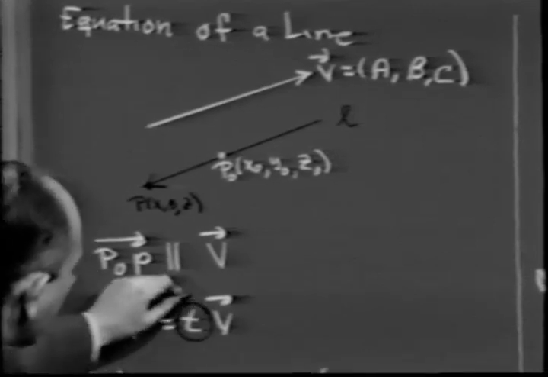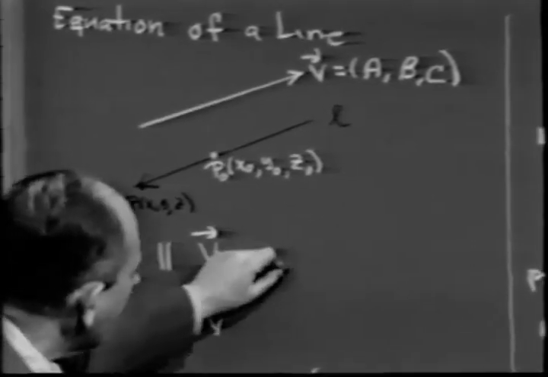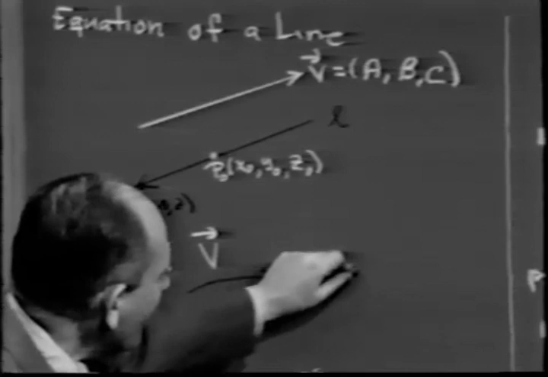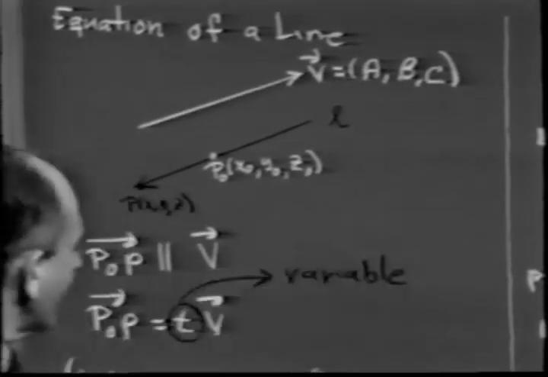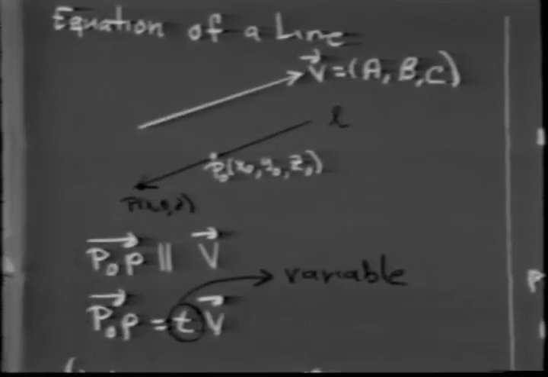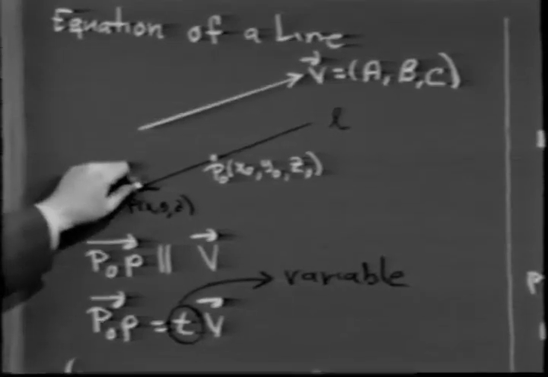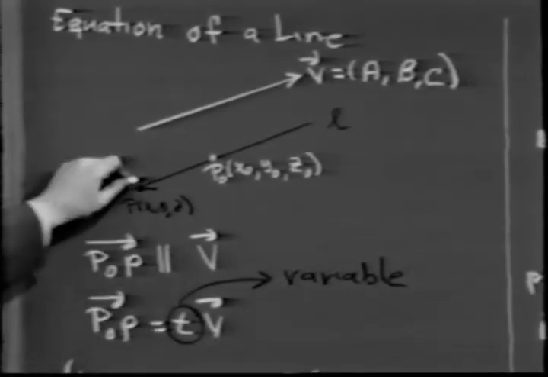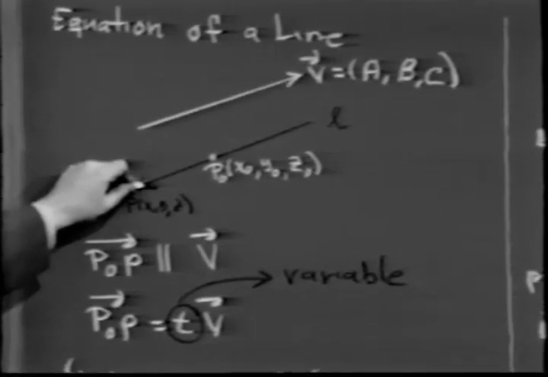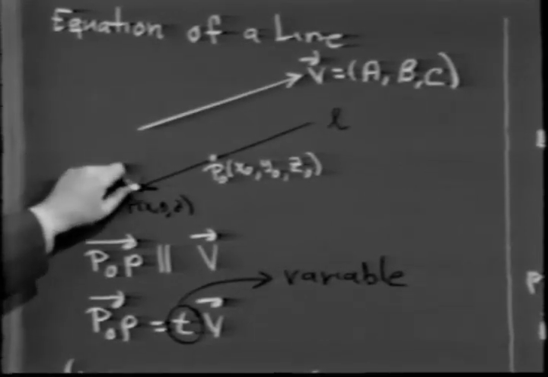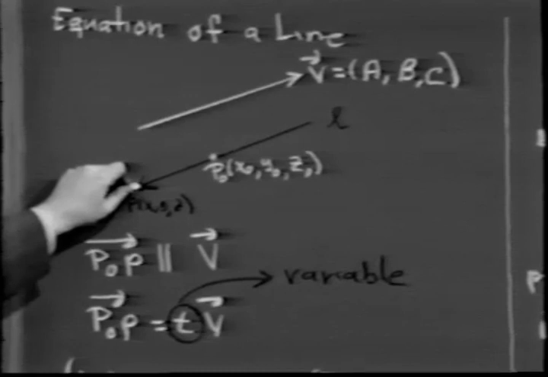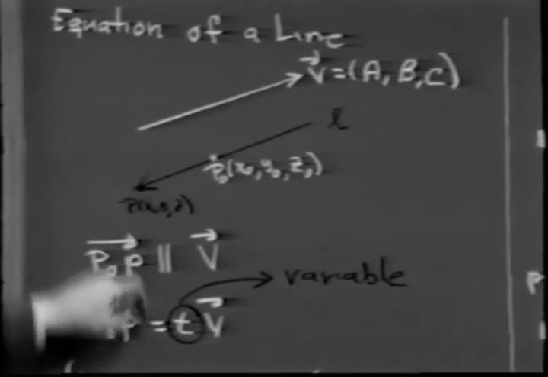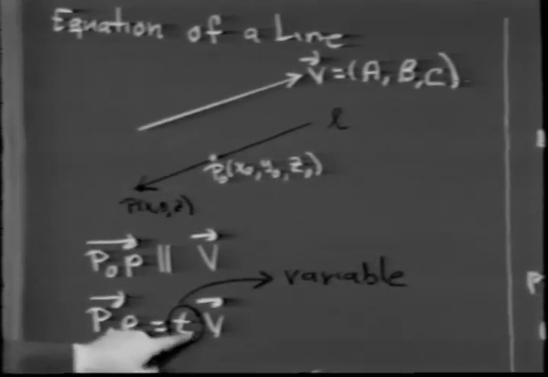Let me pause here for a moment to point out that this constant is really a variable. That sounds awful. How can a constant be a variable? What I mean, of course, is that P was any point on this line. Notice that t determines the length of P0P, and how long P0P is going to be depends on where I choose P. For different choices of P, I get a different scalar multiple.